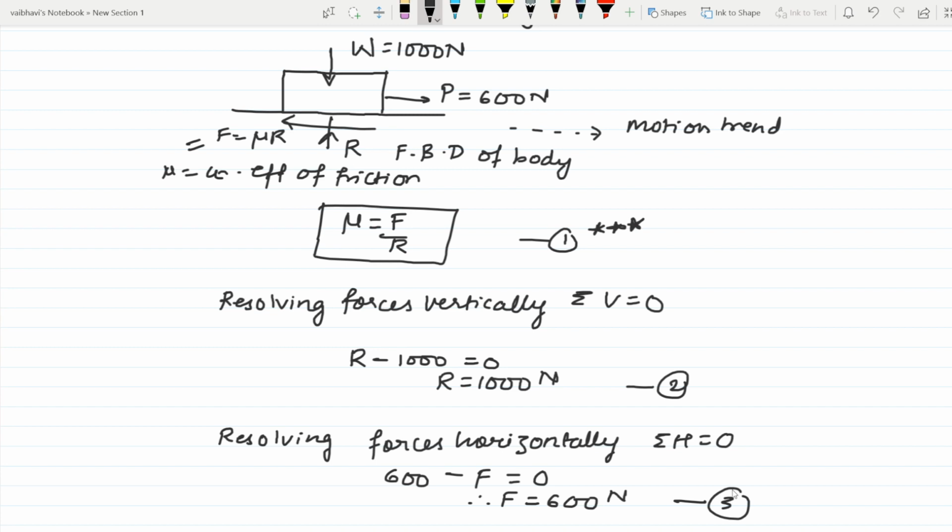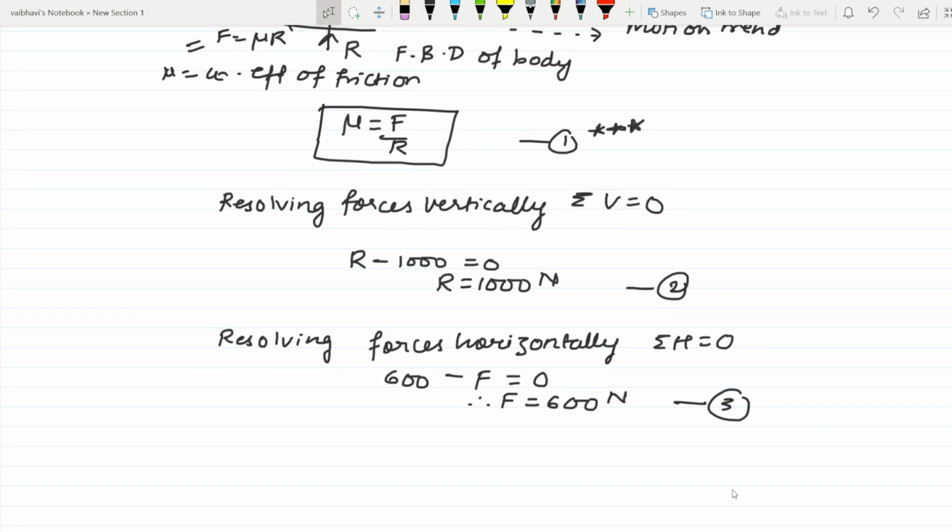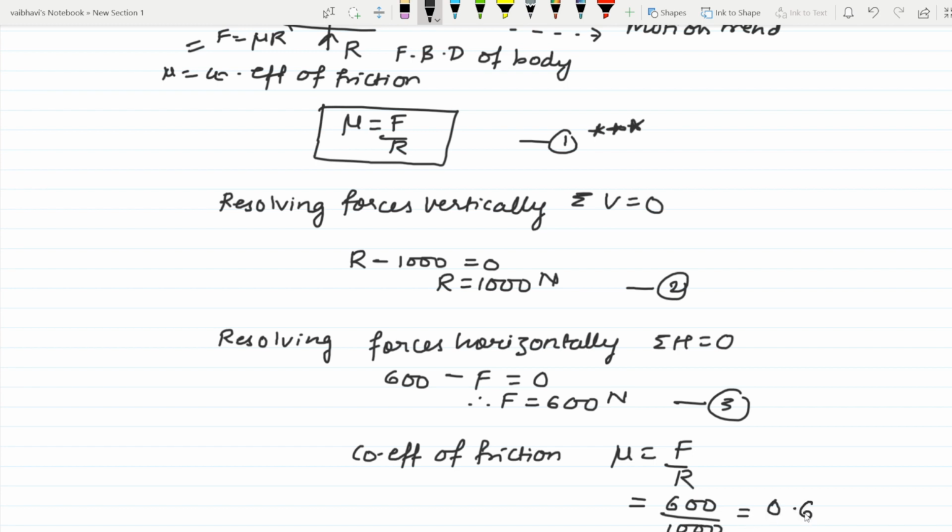What they have asked in the question is to find mu, the coefficient of friction. So from equations 1, 2 and 3, mu equal to F upon R. F is 600 and R is 1000, so we get mu equal to 0.6.